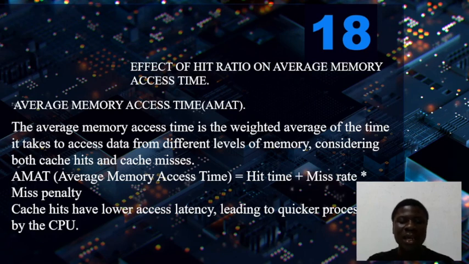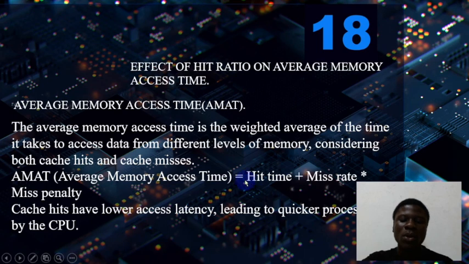And this AMAT is considered with both the cache hits and the cache misses. The average memory access time can be calculated by the hit time plus the miss rate times the miss penalty.